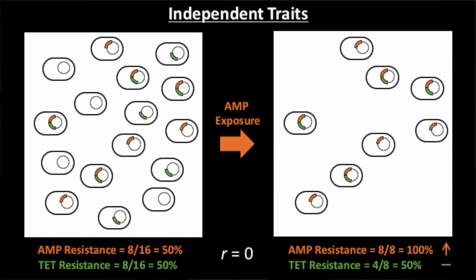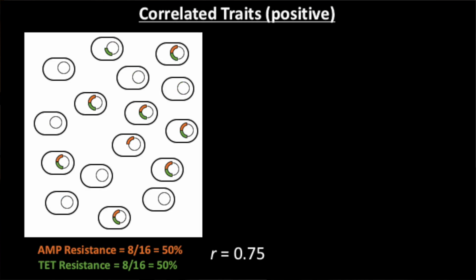Now, in this different population, we have the traits correlated with a coefficient of 0.75. So these are pretty tightly correlated. But again, you only have 50% ampicillin resistance and 50% tetracycline resistance in the initial population.